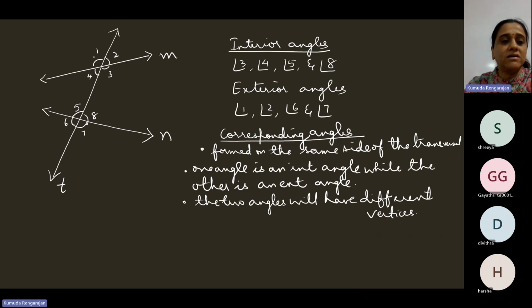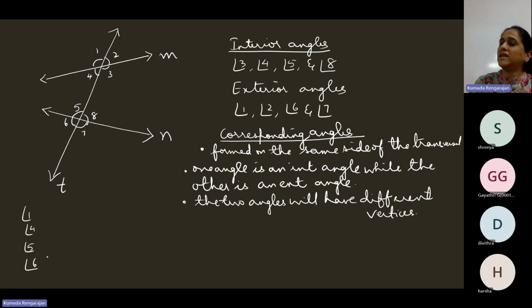Now name the angles that are formed on the same side of the transversal. Name all the angles formed on the left side of the transversal: angle 1, angle 4, angle 5, and angle 6.